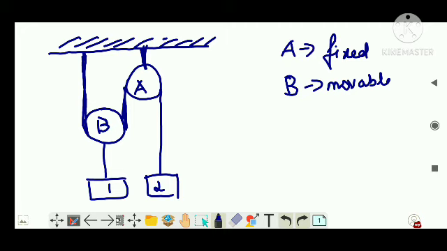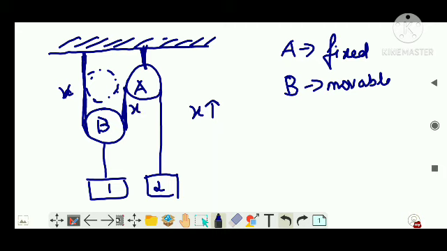So how can we solve? Suppose this B pulley which is movable, right? Suppose it has adjusted here and it has moved a distance, by some motion. Let's say it is moving upwards, that is, let's say there is an x displacement of the pulley in the upward direction. So this string will be having an upward displacement by x.